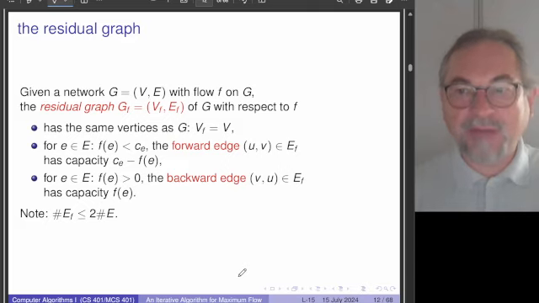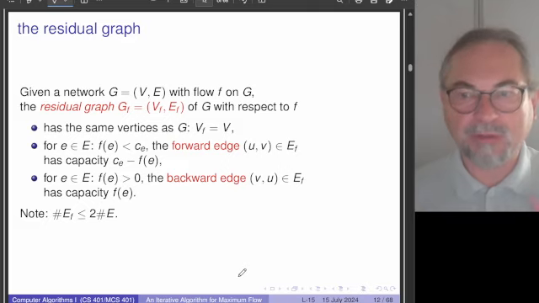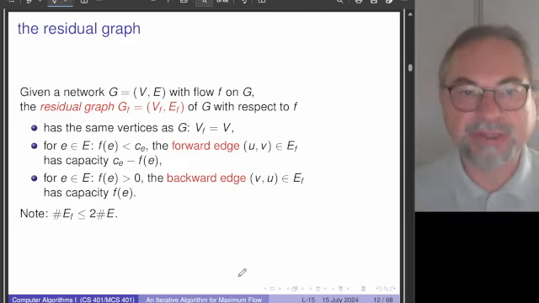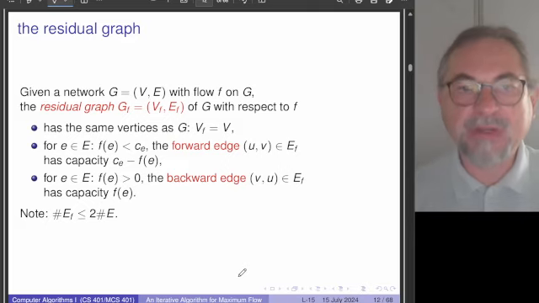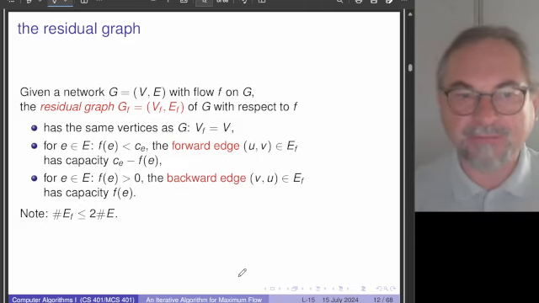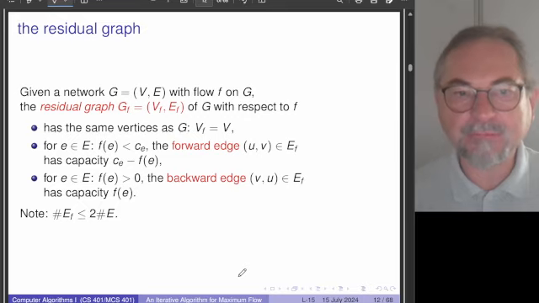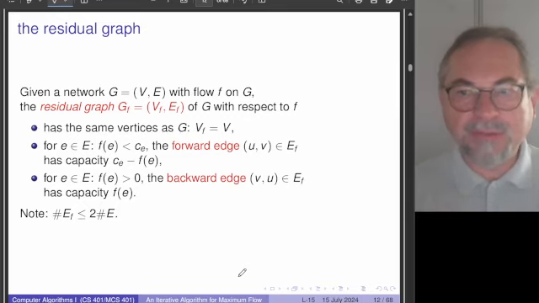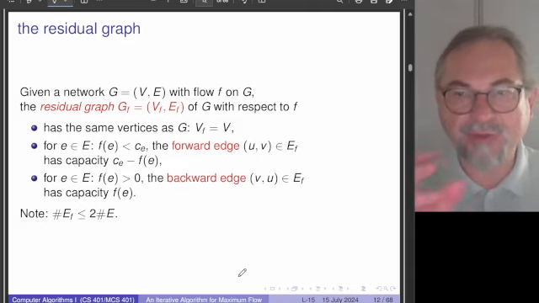Okay, so how is this path defined? Well, we will define the residual graph. The residual graph has the same vertices, but then you have forward and backward edges. You have forward edges with diminished capacity, where you subtract the existing flow from the capacity.